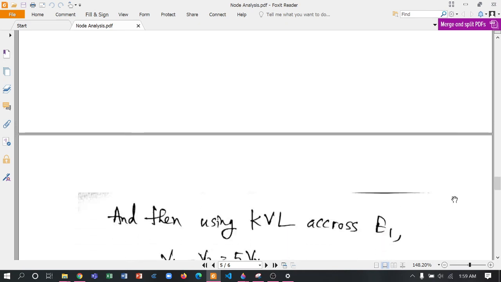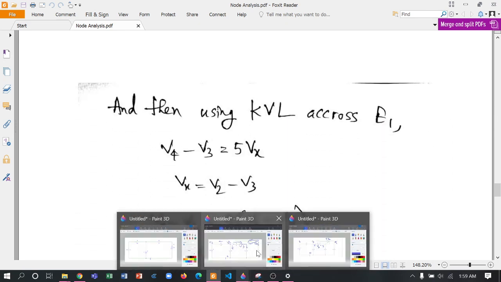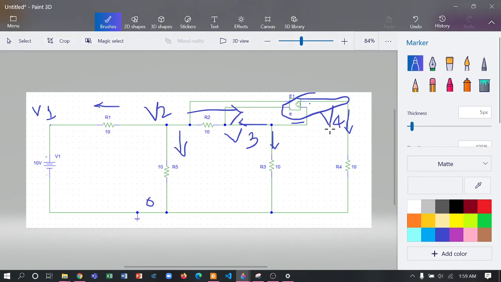So we are going forward, and at last, whenever we have made a supernode, we will have to apply Kirchhoff's voltage law. Here you can see that V4 is the positive end of this source, and V3 is the negative end of this source.